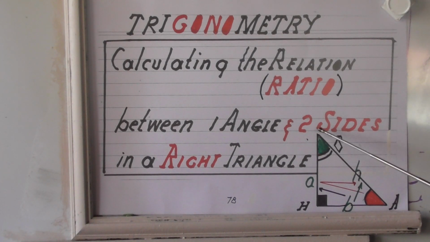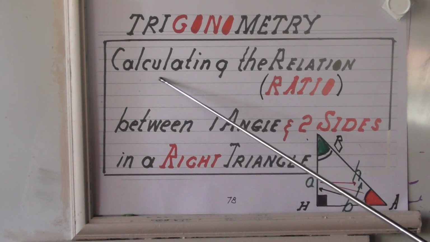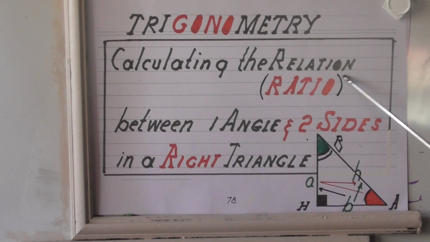Trigonometry, straight away we think of a right triangle. And it involves calculating the relation, which is the same as the ratio, something to something, between one angle and two sides.